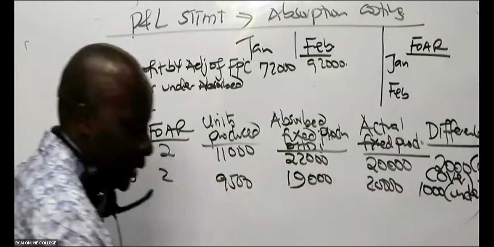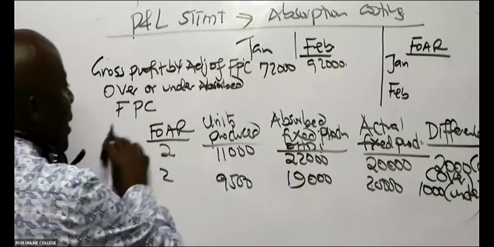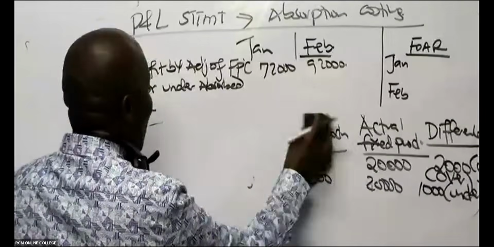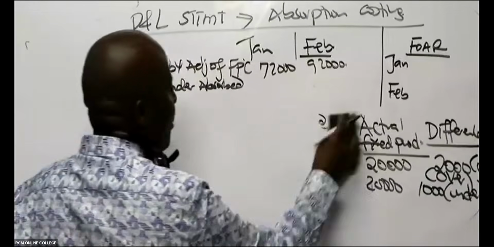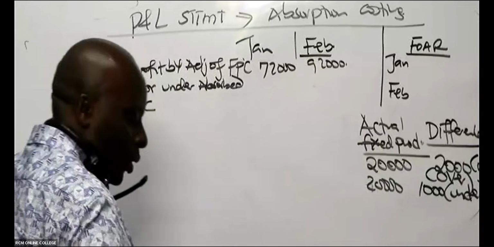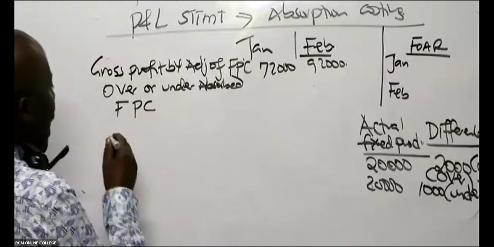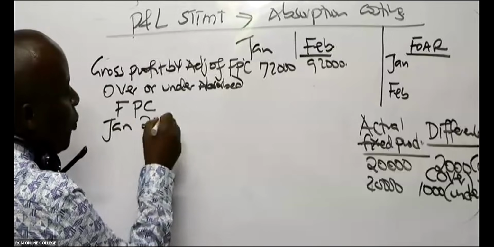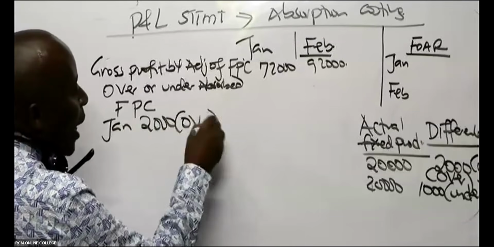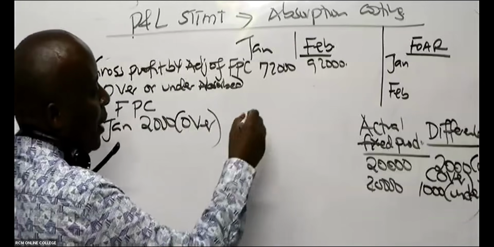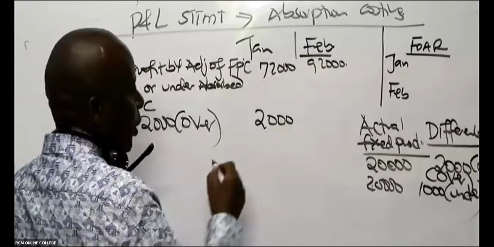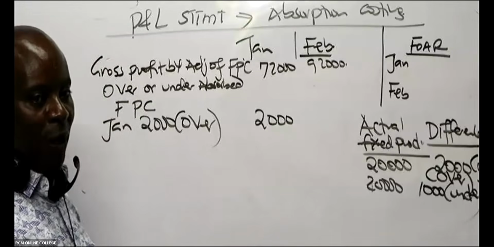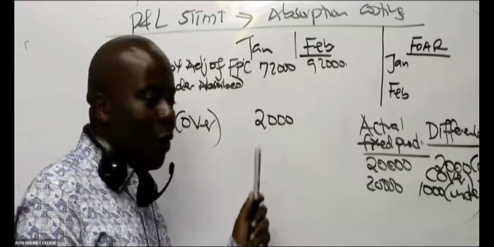Now we have the figures, and I'm so happy. Now I will come and say January: we had a figure of 2,000, which was over, so I'll put it here, 2,000. The question is, if it was over absorbed, do I add it here or do I subtract?